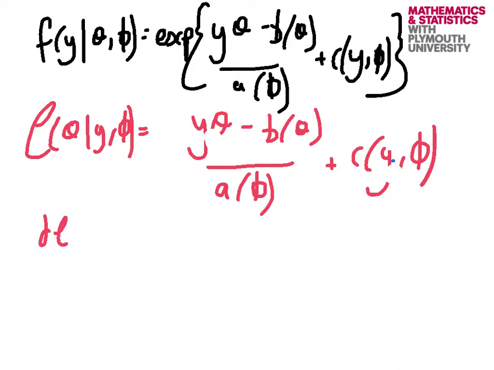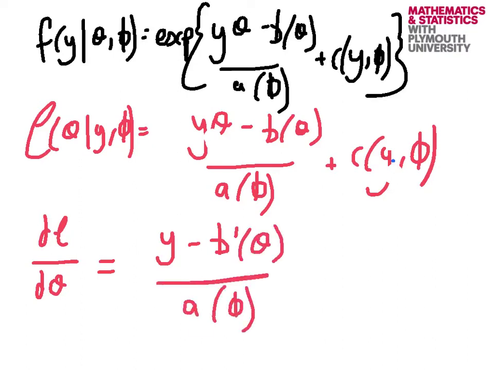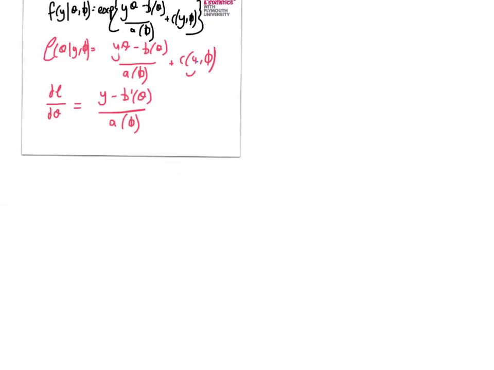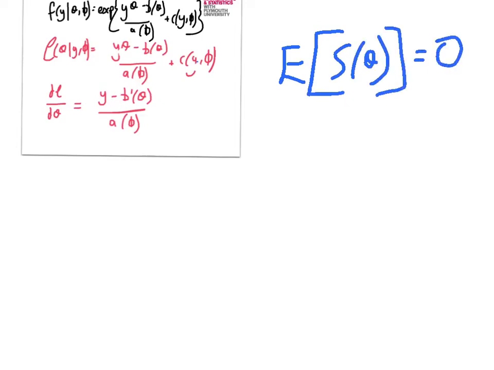So we're going to take the log likelihood differentiated with respect to theta, and we're going to find this is y minus b prime of theta over a of phi, and the rest of this is additive and disappears. Now what's so interesting about this is we can take expectations of this score function, and we've seen earlier that the expectation of the score function is equal to 0.